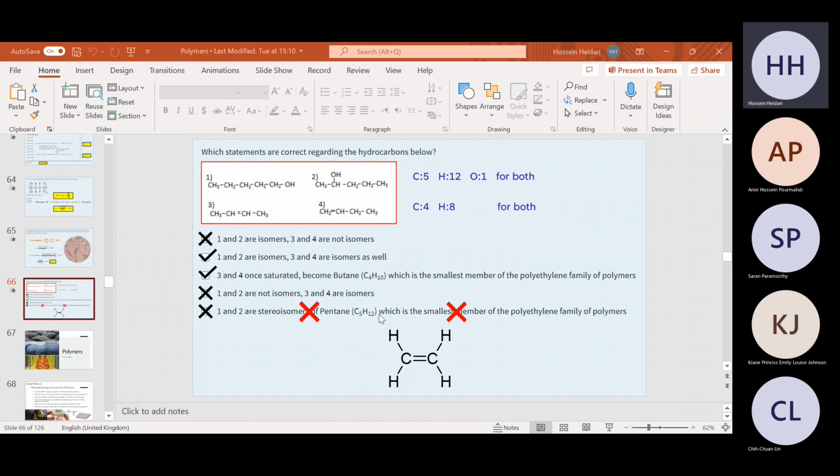The problem is that it is smaller, but it's not a member of the polyethylene family because it's not poly. It's just a single ethylene. Does that make sense? Polyethylene family means more than one repeating unit. So the smallest member is 2 of those units, and that is the C4H10.